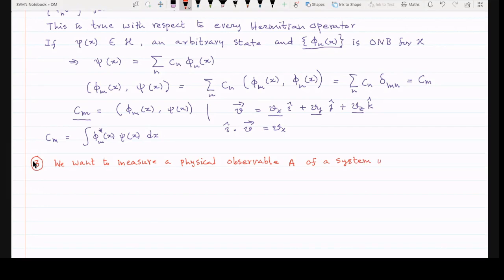Okay, using I will call this as some meter. Okay, so some kind of an apparatus or an instrument. Okay.